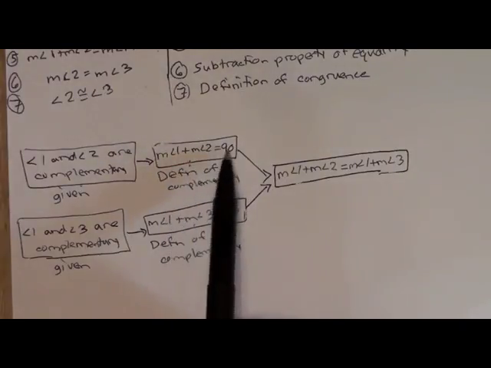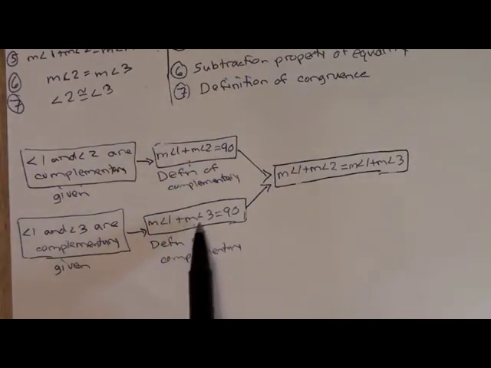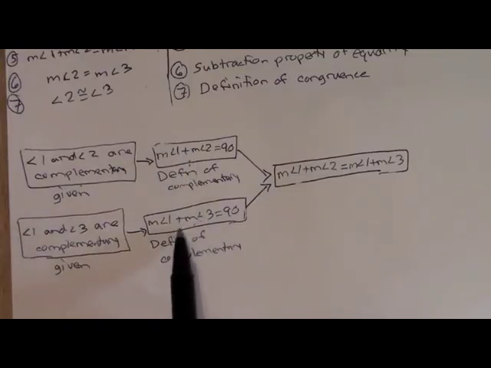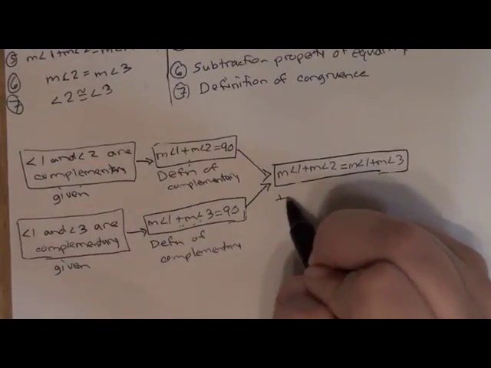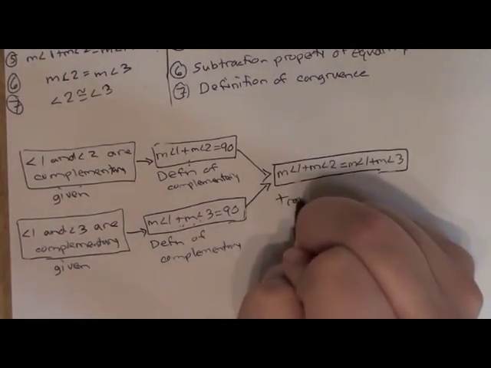Measure of angle 1 plus measure of angle 2 equals 90. So does the measure of angle 1 plus the measure of angle 3, which means these two left sides of these equations have to be equal. And just as before, the reason for that is the transitive property.